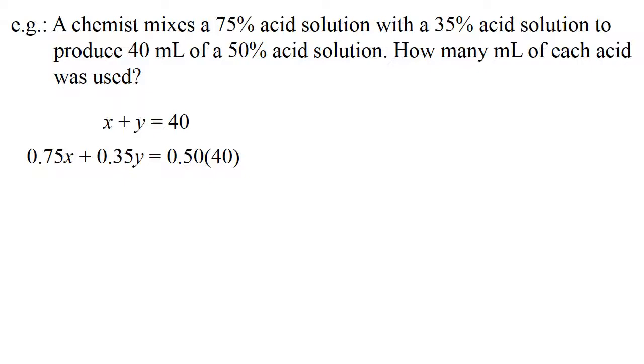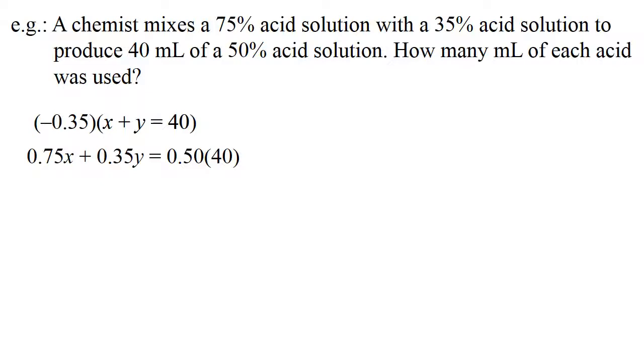And then again, I could do substitution, move one of the letters over to the side with the X plus Y equals 40, but I'm just going to get rid of my Y's here, so I'm going to do elimination, multiply everybody in the top equation by a negative 0.35, so that'll give me a negative 0.35Y and a positive 0.35Y, and that'll cancel those out.